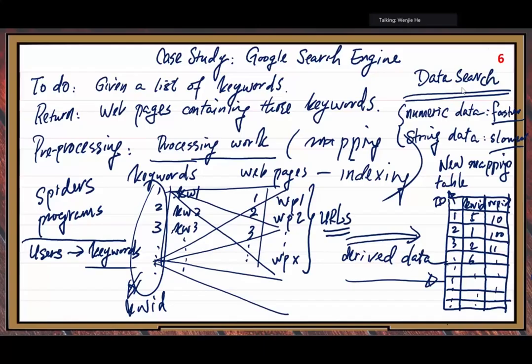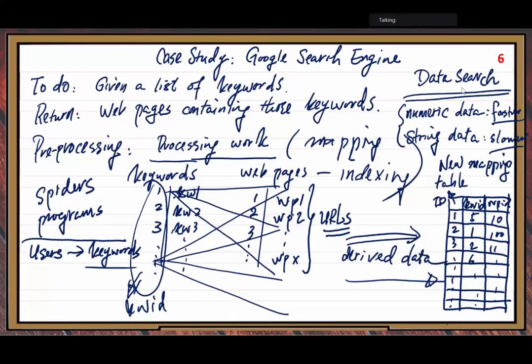Then, after we get derived data, our new table contains all numeric values. When we do the final search, we do it in the table with numeric data search, so much faster than string data search. That's another improvement.